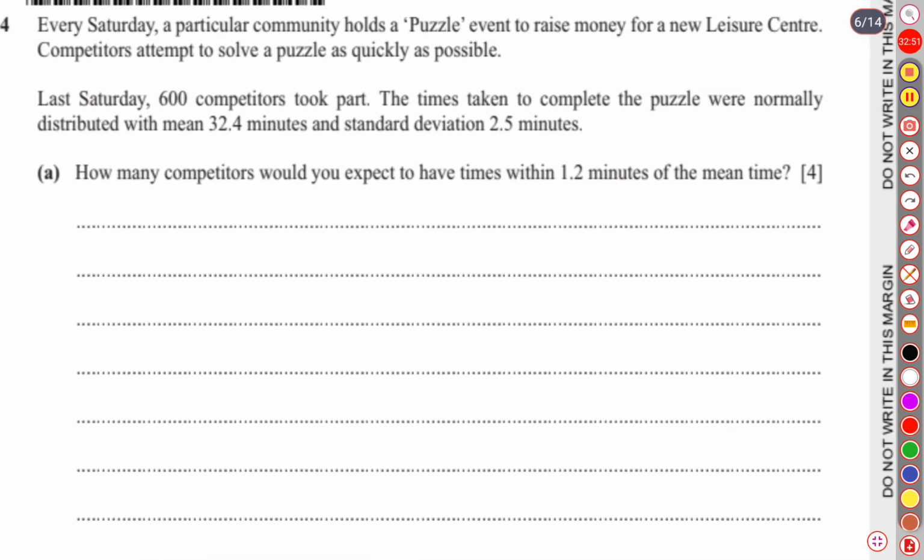Competitors attempt to solve a puzzle as quickly as possible. Last Saturday, 600 competitors took part. The times taken to complete the puzzle were normally distributed with mean 32.4 minutes and standard deviation 2.5 minutes. How many competitors would you expect to have times within 1.2 minutes of the mean time?